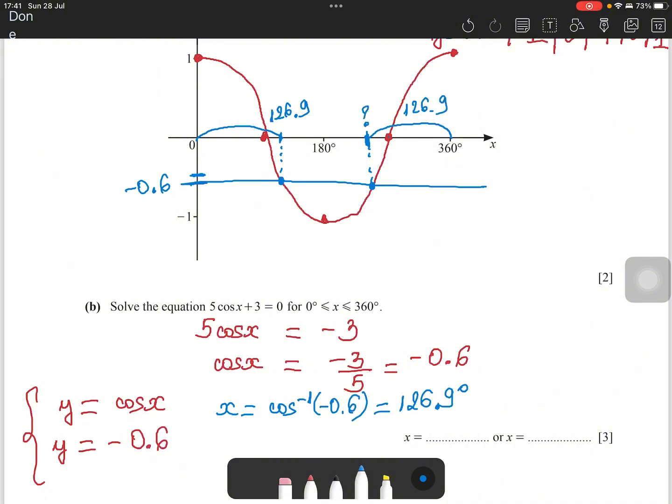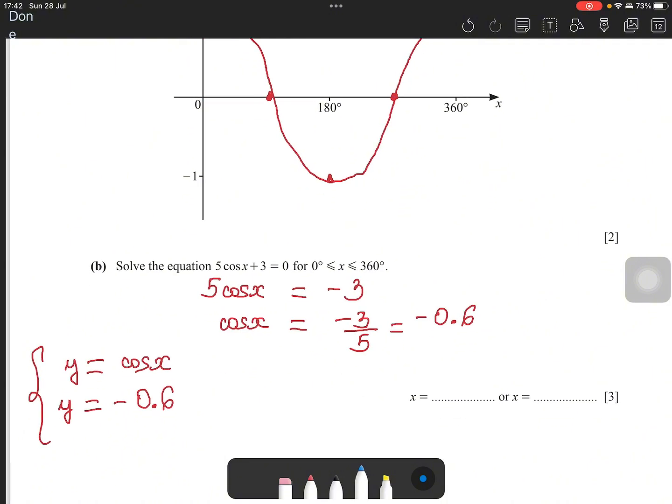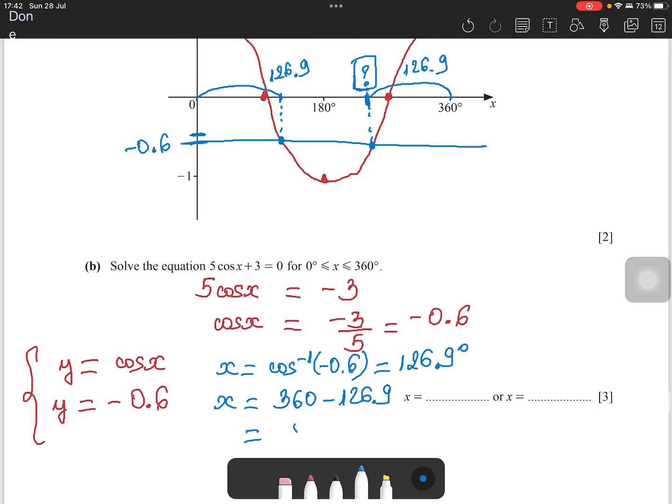So to find the value of this, we'll subtract 126.9 from 360. So the answer is 233.1 degrees. So we have two answers, 126.9 and 233.1.